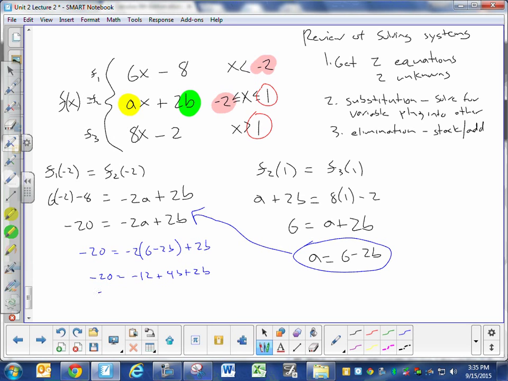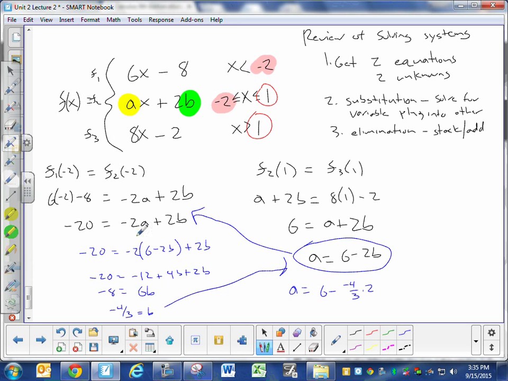Plus 12, negative 8 equals 6b. Is that right? b is equal to negative 4/3. Okay, substitute that back in to find a. a is equal to 6 minus negative 4/3 times 2.